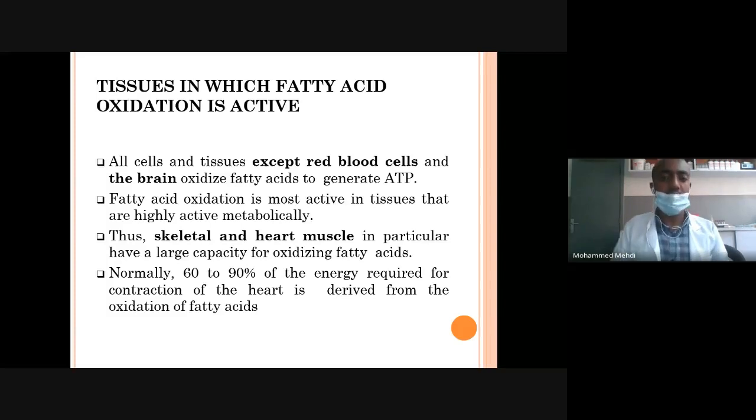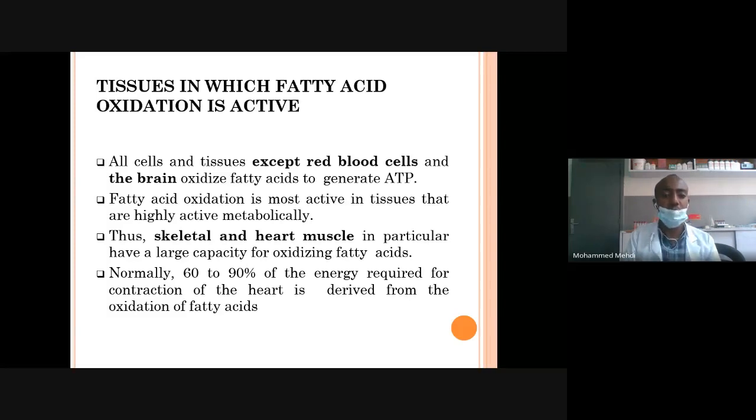Which tissues are active in fatty acid oxidation? Those tissues need to have mitochondria first, plus enough oxygen. It is required to have this fatty acid oxidation. To be able to oxidize fatty acid, they need to have mitochondria, and plenty of oxygen is required.